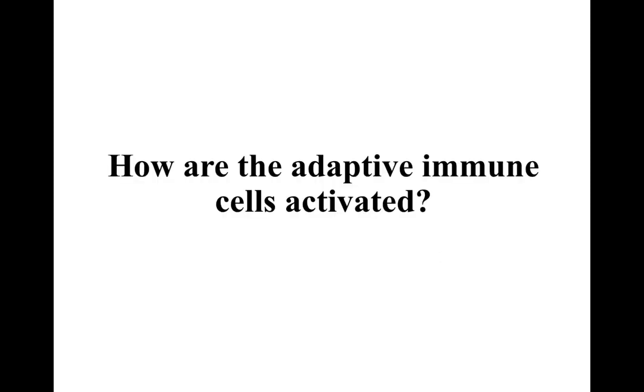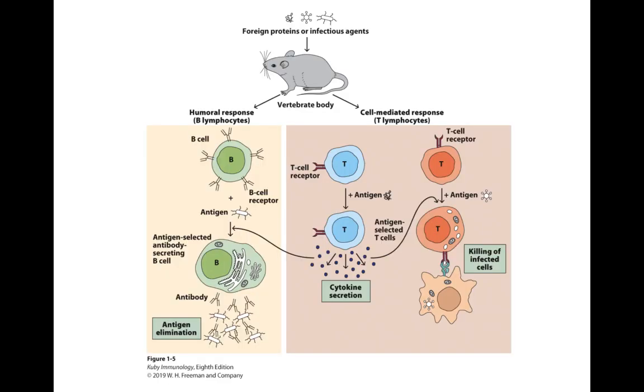How are the adaptive immune cells activated? So in broad terms, when an organism or an animal comes in contact with something that's foreign, so a pathogen, it will mount an immune response.